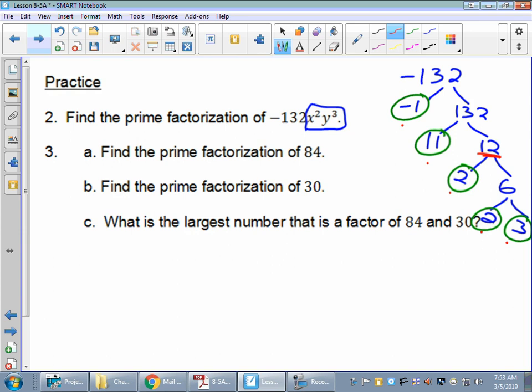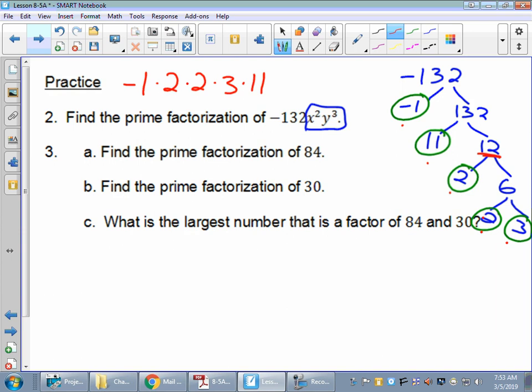So let's write these down in order from smallest to greatest. Negative 1 times 2 times 2 times 3 times 11. So we have all of our numbers, negative 1, 2, 2, 3, and 11. All of those are prime numbers that multiply to make negative 132.